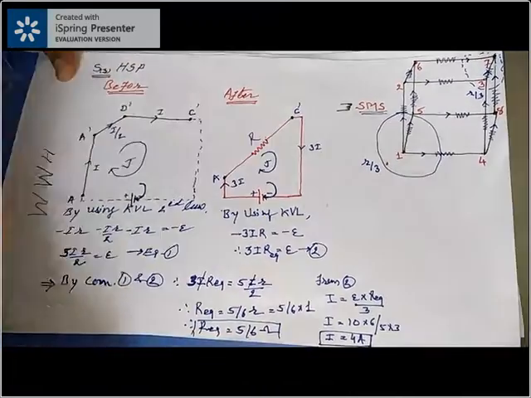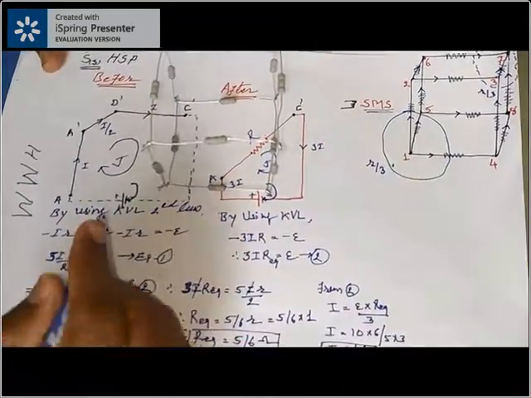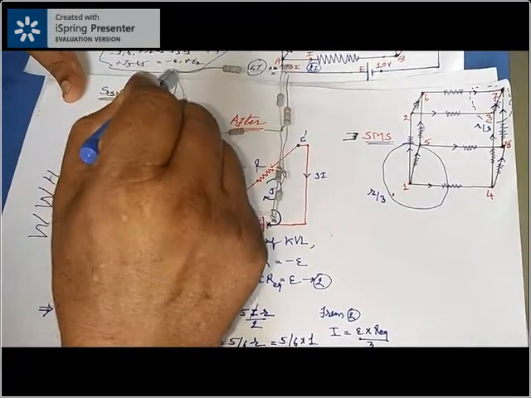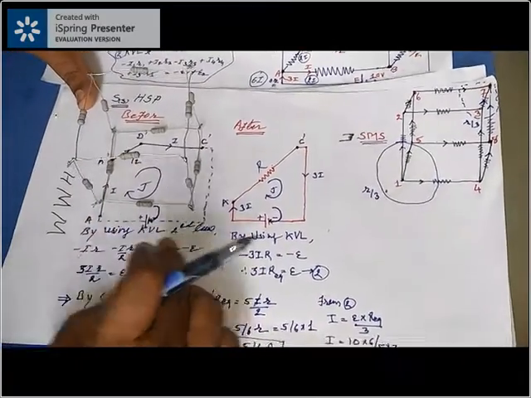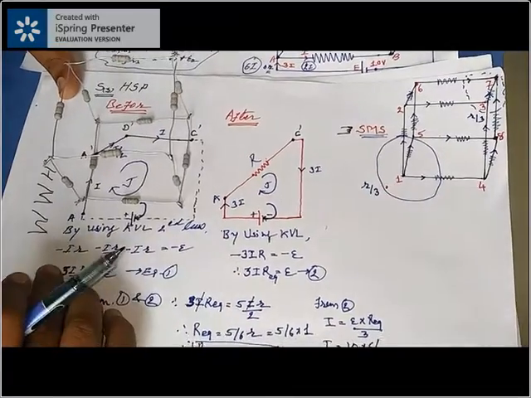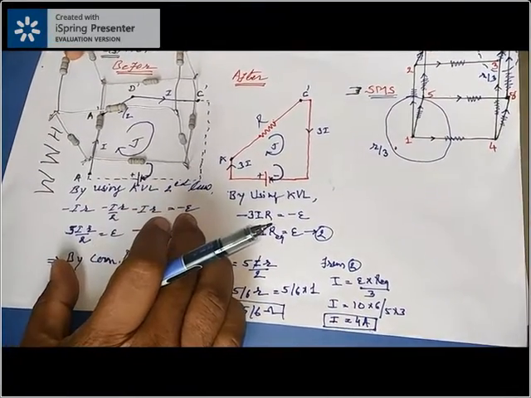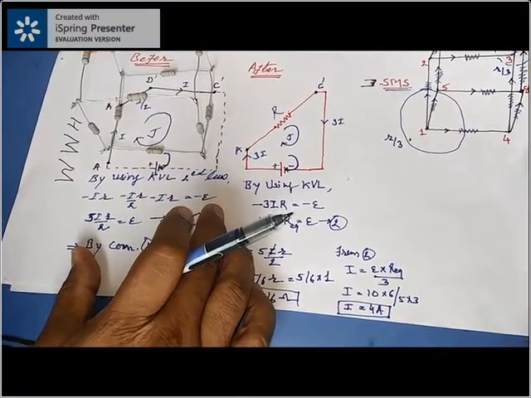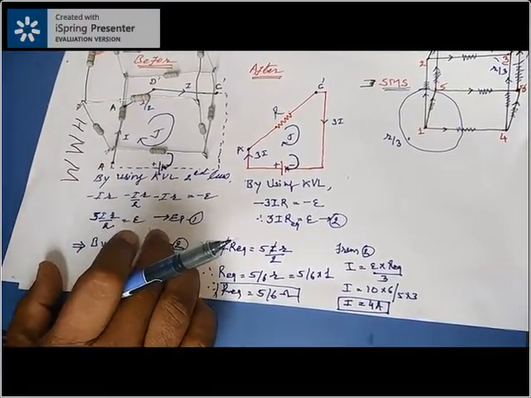Before means first of the given cube, and that is the A dash with respect to the D dash and C dash. This is the first step by using the Kirchhoff second law. We know very well, minus IR minus I by 2R minus IR is equal to minus epsilon. If we simplify, epsilon this side is equal to 0. More simplification, 5IR by 2 is equal to epsilon, equation number 1.